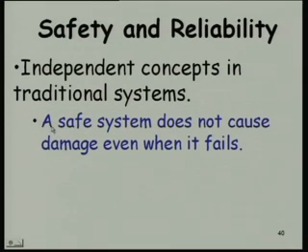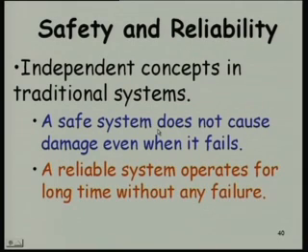We had already seen this actually. A safe system, even if it fails, no damage will result. On the other hand, a reliable system is one which operates for long periods of time without any failure being encountered.